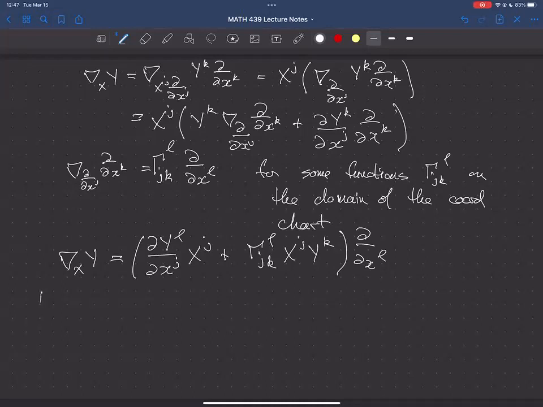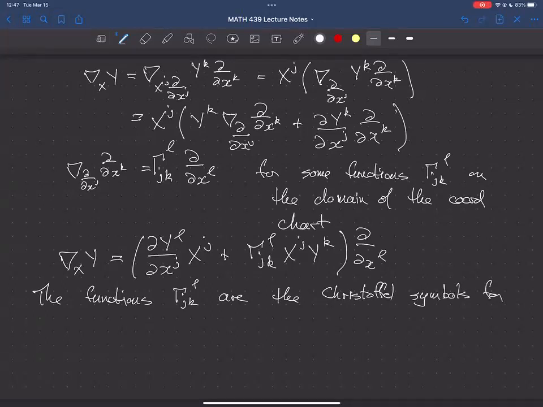So the functions gamma L j k are the Christoffel symbols for nabla in the coordinates.